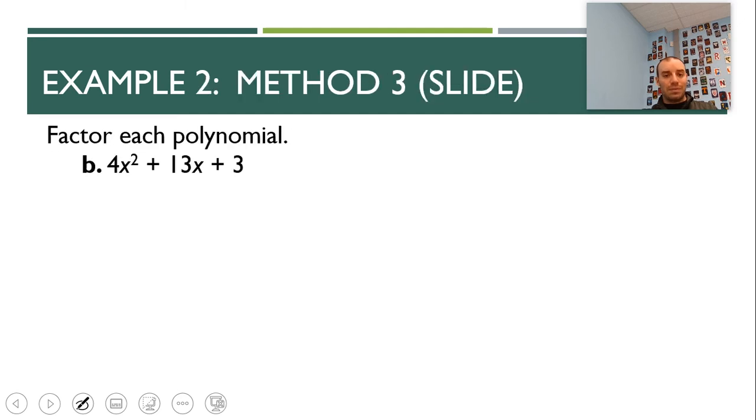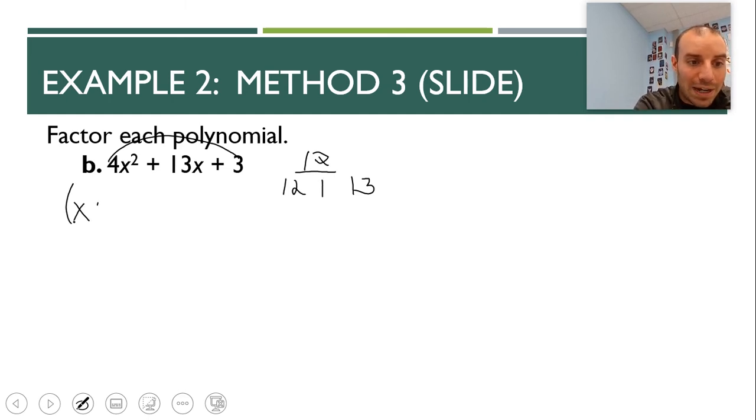Let's look at another one using the slide technique where a is not equal to 1. So nothing I can factor out to the beginning. So I'm going to start by multiplying 4 times 3, which is going to get me 12. So I have to come up with things that are multiplying to 12 and adding to 13. Hopefully you're saying 12 and 1. Now I write it just like I would normal factoring, x plus 12 times x plus 1.